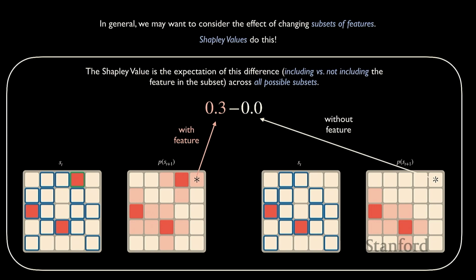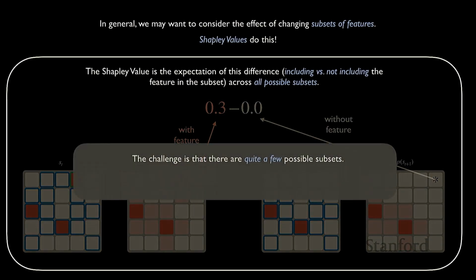Can anyone think of what might be a problem here? Yeah. There's way too many different subsets to check. Yeah, there's a ton of subsets. So the challenge is that there's quite a few of them, and in this example where we just have 25 features, there's over 16 million possible subsets.